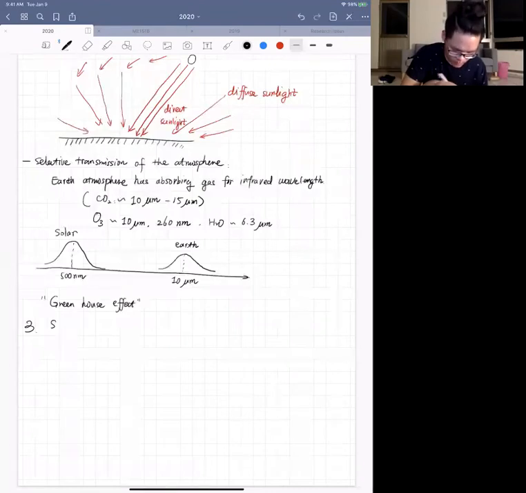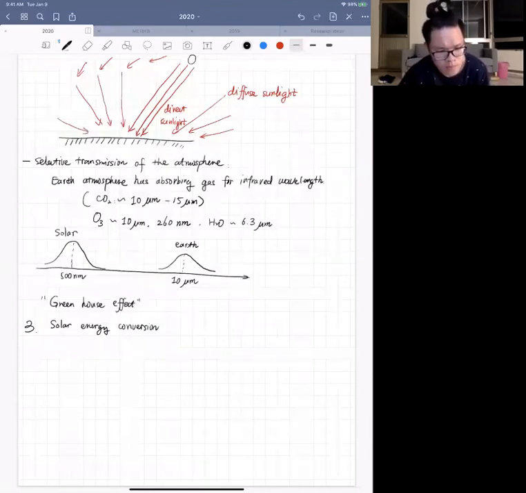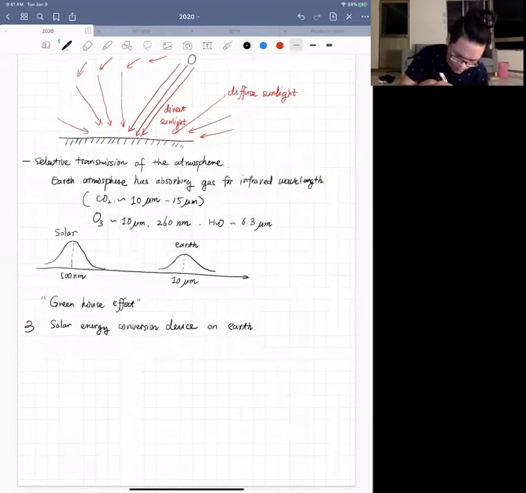Let's look at a simple solar energy conversion device on Earth, and at what factors are important from the device design point of view. Let's think about a very simple solar hot water system.